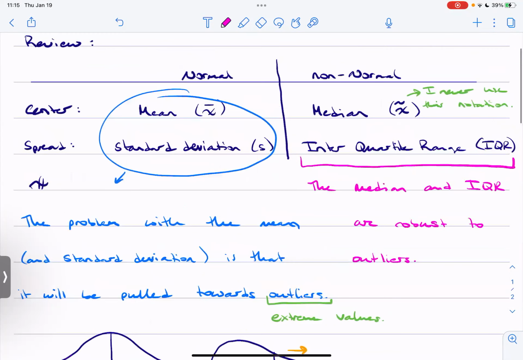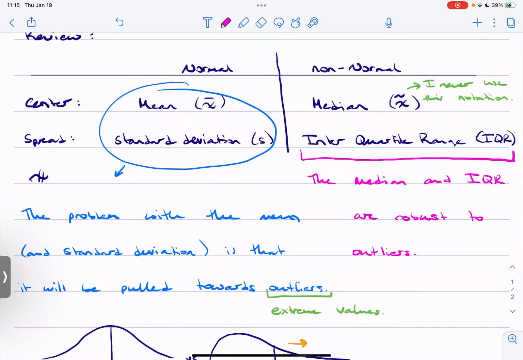Okay. So last day we talked about how to calculate the mean. We all know how to do that, right? But then we translated that into sigma notation, the sum of all the x's divided by n. And so we're going to look at the formula for the standard deviation and we're going to pick it apart.